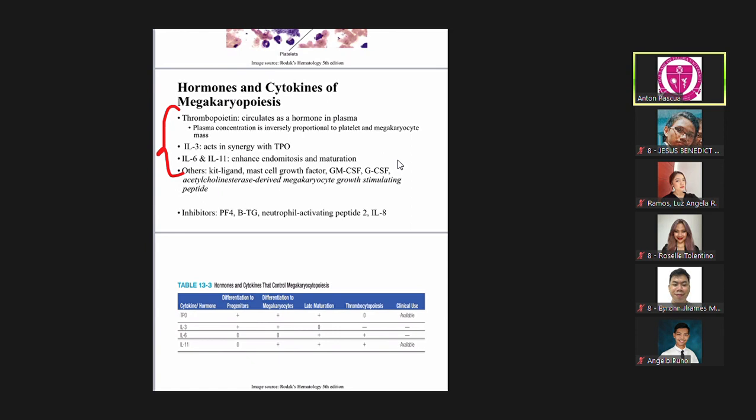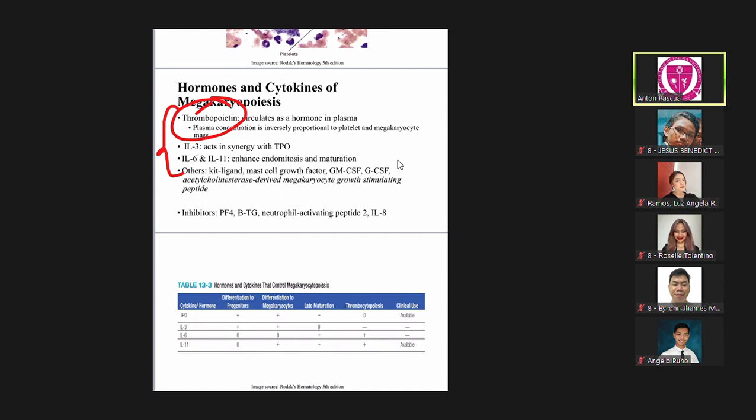So primarily, syempre number one dyan, si thrombopoietin, which is derived from your liver or your kidneys and sometimes even on your smooth muscle cells, dyan mo makukuha si thrombopoietin. Just remember that thrombopoietin is the primary control mechanism that we have for our platelet count. It controls your platelet count basically. Okay? Kung kailangan mo ba ng mas mataas na platelet count or mas mababa, it depends on your thrombopoietin.